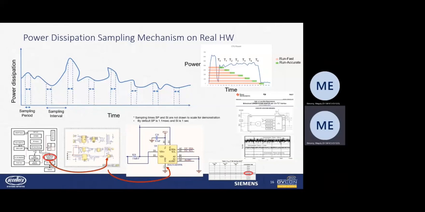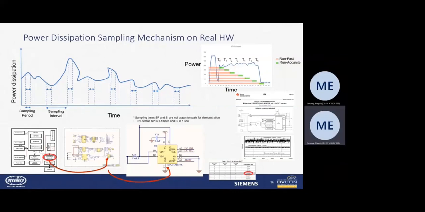Looking at the details of this schematic, you will find that any tool measuring the power on real hardware measures the current drawn from the voltage source or voltage supply for some specific period of time, averages this current, and stores it in a register after converting this average value from analog to digital.